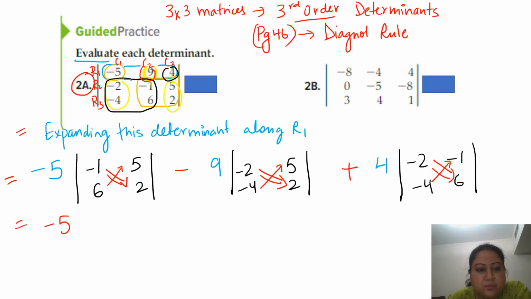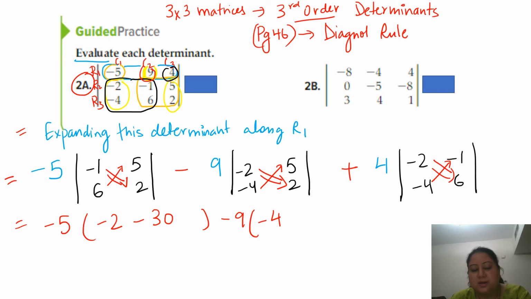So -1 with -2, I'm going to put nice brackets because we don't want any sign mistake. So this becomes -2 and then subtract 30. -9 and this is -2 and 2, so -4 and then subtract 20. Negative of negative means positive.